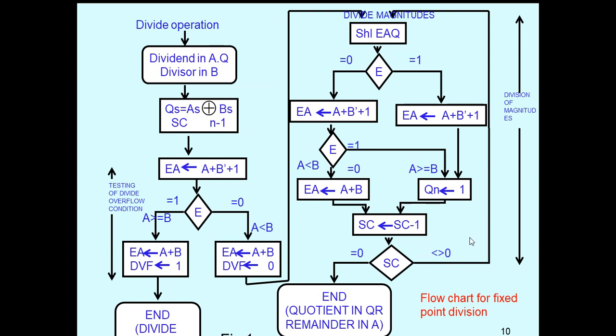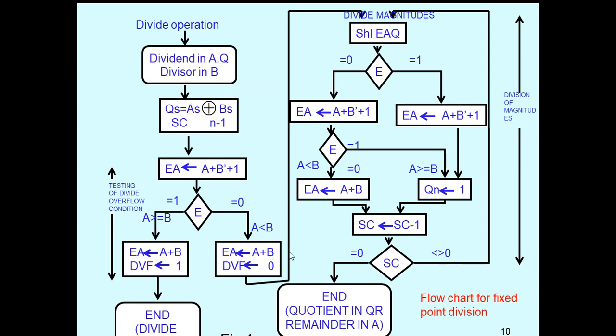If it is not 0, then once again perform the shift left operation and check whether E equal to 1 or 0. If E equal to 0, we have to restore the B bits. Then after that we have to decrement the sequential counter value.